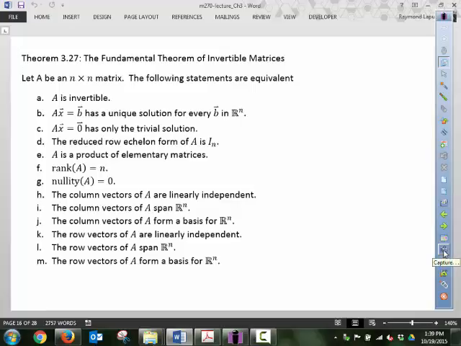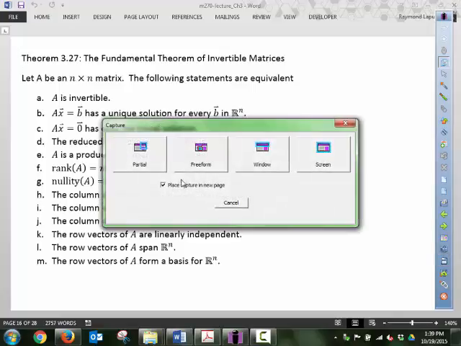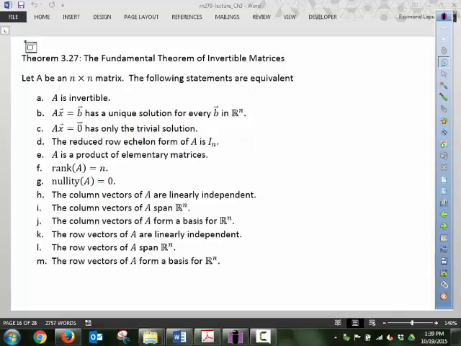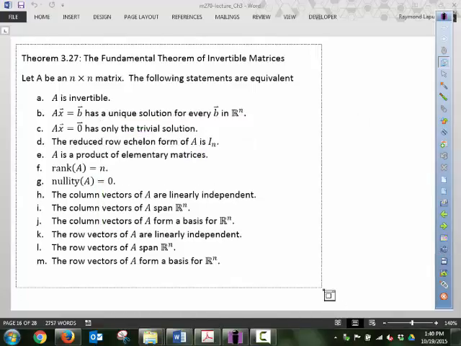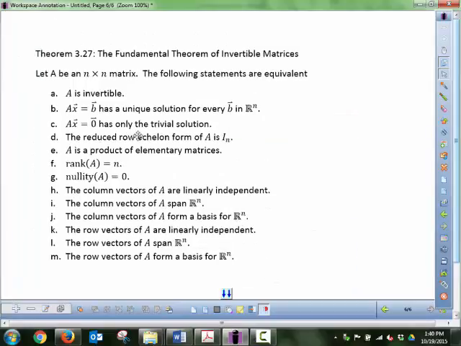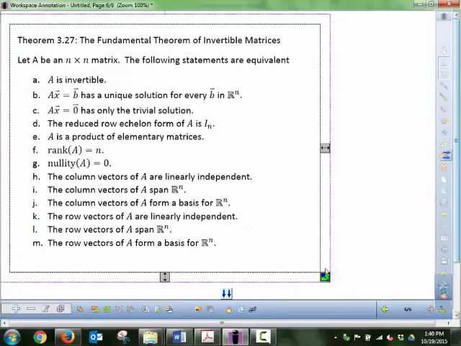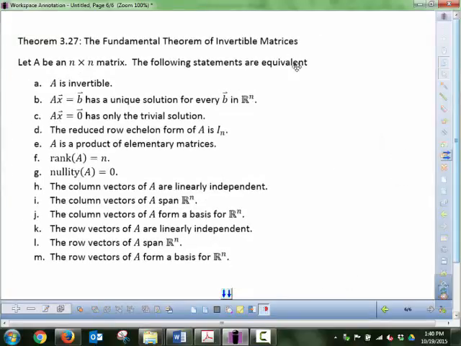Now that we have more language about matrices and systems of linear equations, we're going to add on to it, and later on, once we learn more, we're going to continue to add on. I don't know if this is the formal name for it, but this is what the book calls it, the fundamental theorem of invertible matrices. What that means is that if you have an invertible matrix, then there's a whole slew of things that follow.